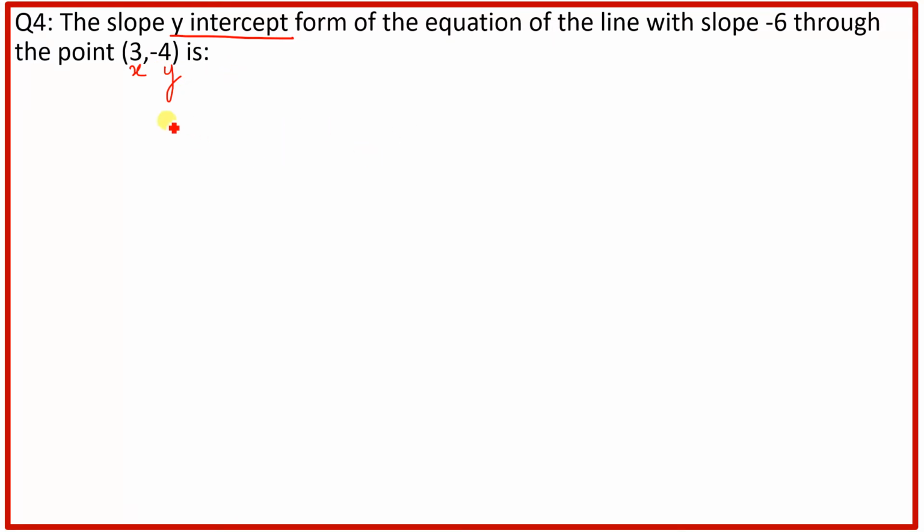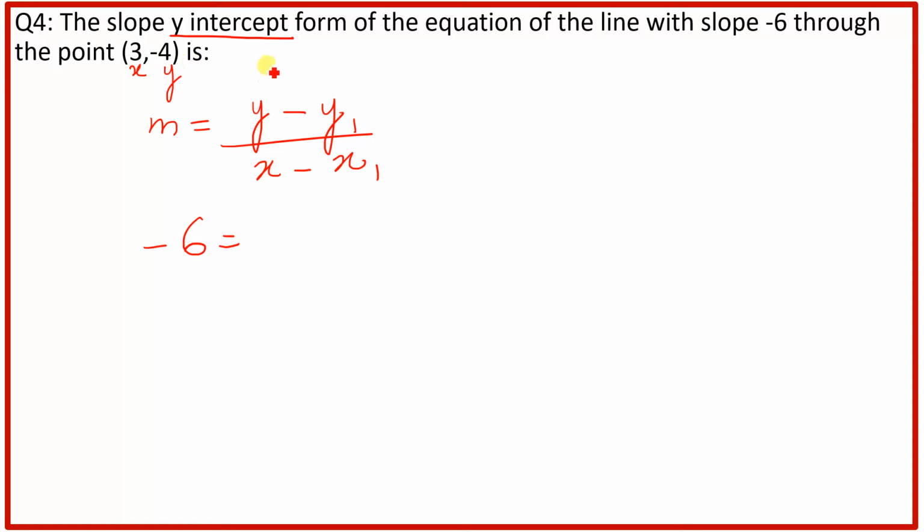Here again we will use the equation m is equal to (y - y1) divided by (x - x1). It says the slope is -6, so m is -6, and then we have only one point.